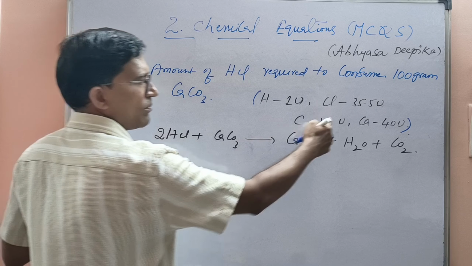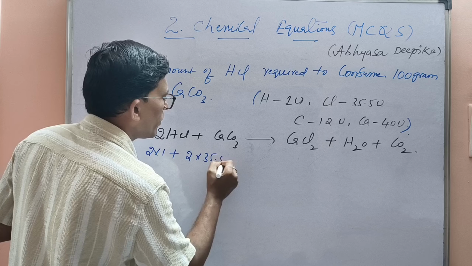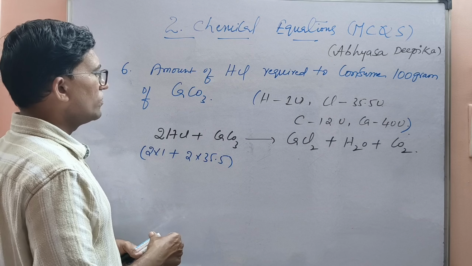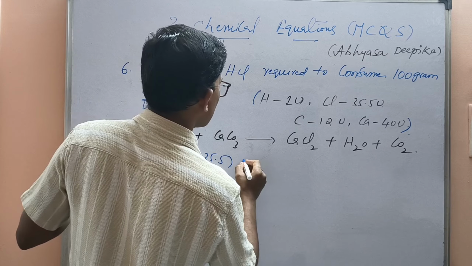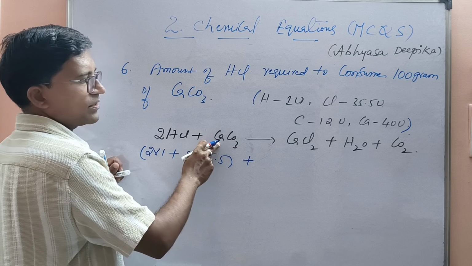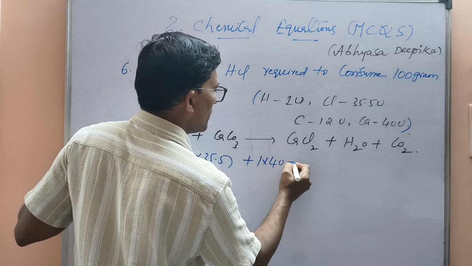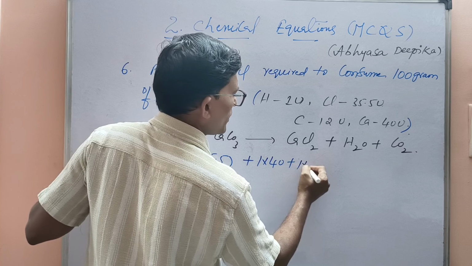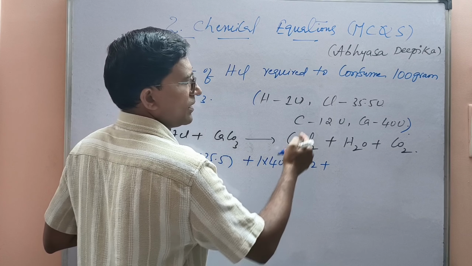Chlorine mass given is 35.5, that is 2 into 35.5. This is the first one. I will complete this and find out the value. After that we have calcium carbonate. Calcium, only 1 is there, calcium mass is 40, that is 1 into 40, plus carbon atomic mass given is 12, 1 carbon is there, 1 into 12, plus oxygen atomic mass.